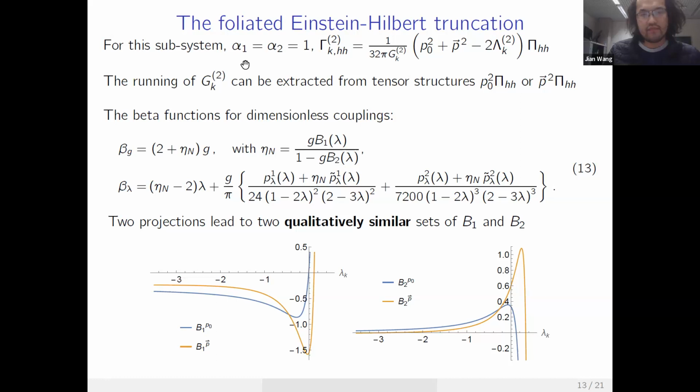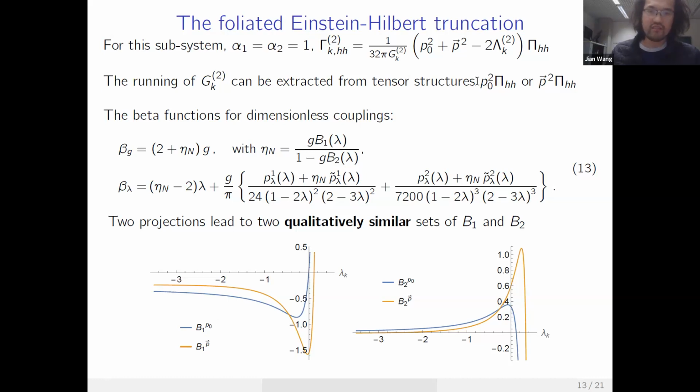In this case, since we set alpha 1 and alpha 2 to be 1 by hand, the 2-point function can be given in this relativistic form. As we said before, the running of the Newton coupling can be extracted from either the spatial momentum part or the time component of the external momentum.